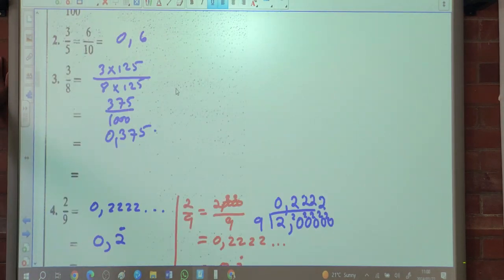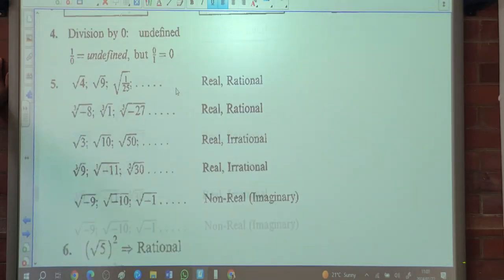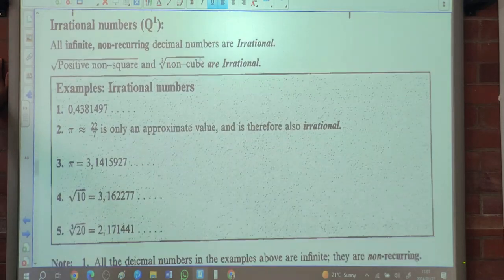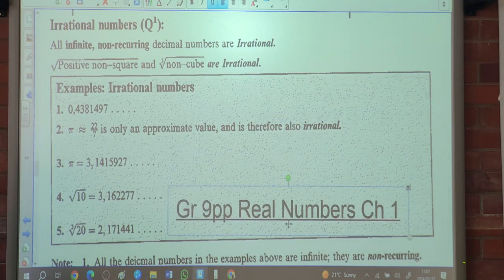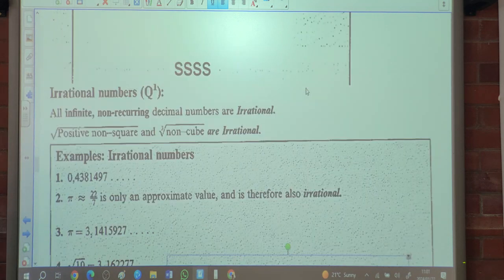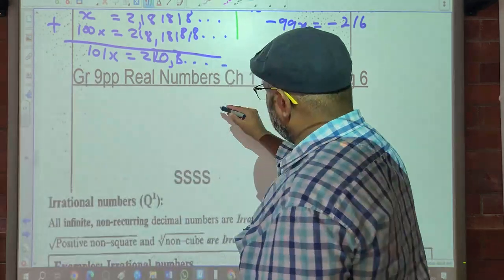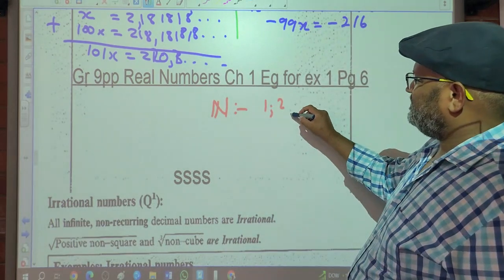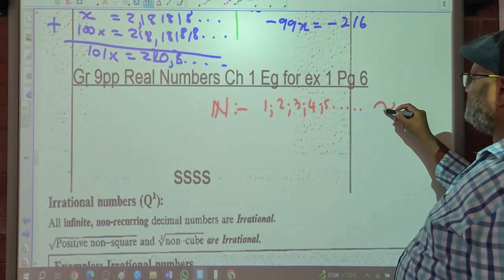So now we're going to look at rational and irrational numbers, and real numbers and all of those things. Do you remember what natural numbers are? Natural numbers start at 1, 2, 3, 4, 5, and so on, all the way to infinity.